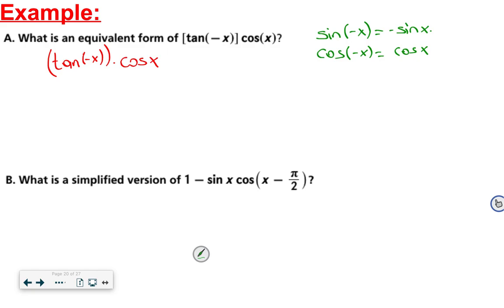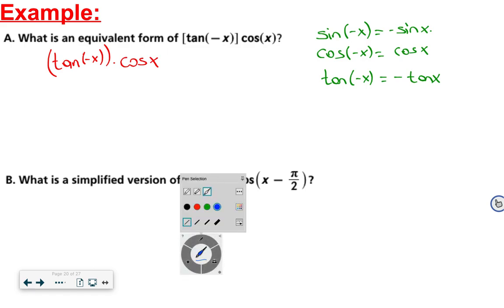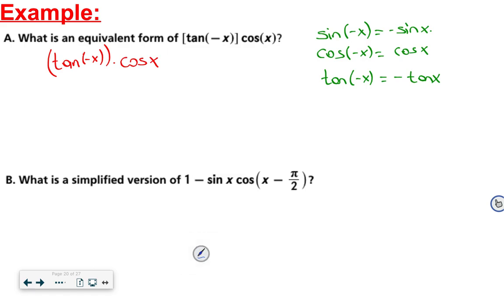What about the tangent one? Tangent minus x is going to become minus tangent x. Don't forget this. And also there's one more, the quotient identity: tangent x can be written as sine x over cosine x, right? So we are going to use these two identities.